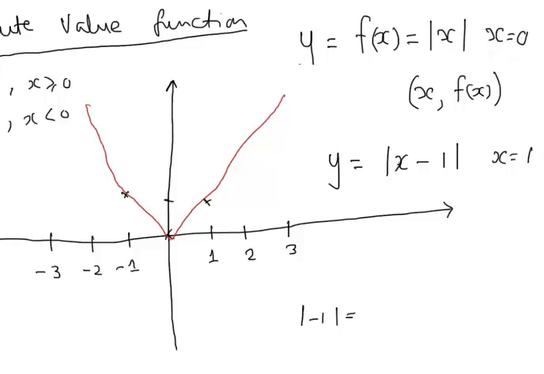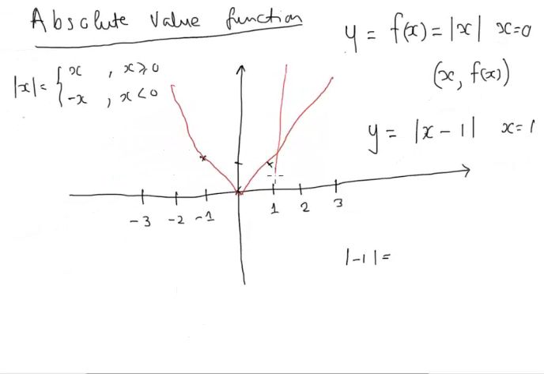Now, there's nothing else to do. What we need to do, let's just pick another ink there and just put a line of symmetry there. And let's make it a bit more complicated by adding 1 here. Let's put 1 there outside the absolute value. What's going to happen now? It means it's going to be lifted up by 1, isn't it? So what's going to happen now?